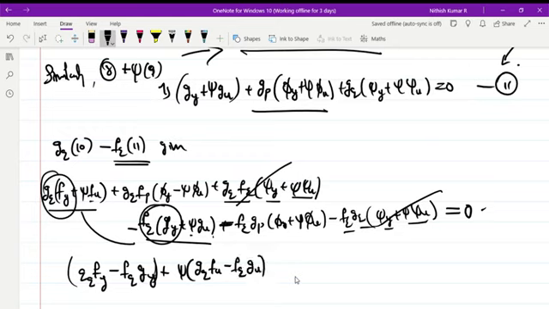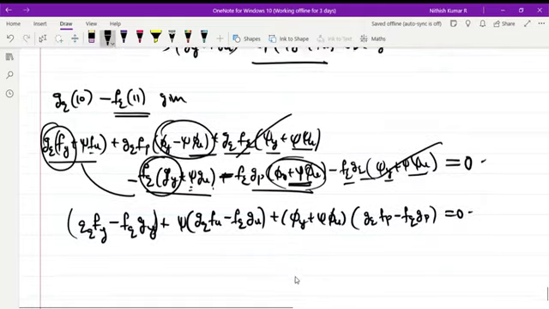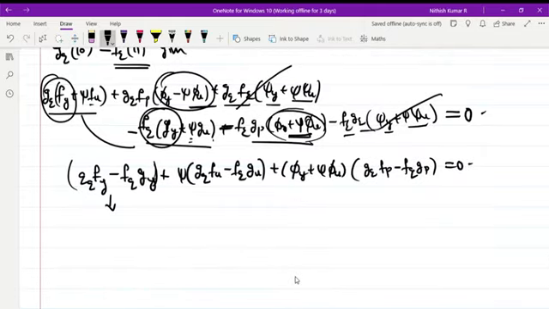Now combining these, we have g_q f_y minus f_q g_y, and the remaining two terms where xi is common, so plus xi into g_q f_u minus f_q g_u.